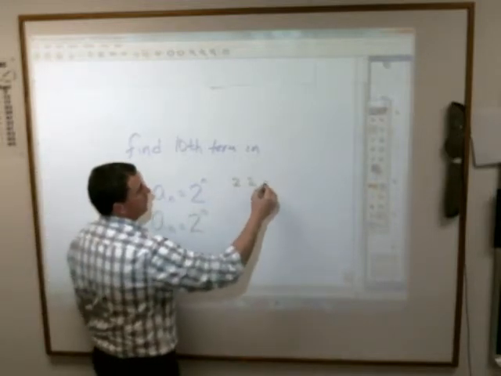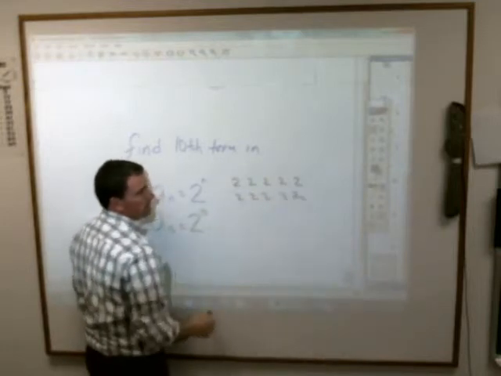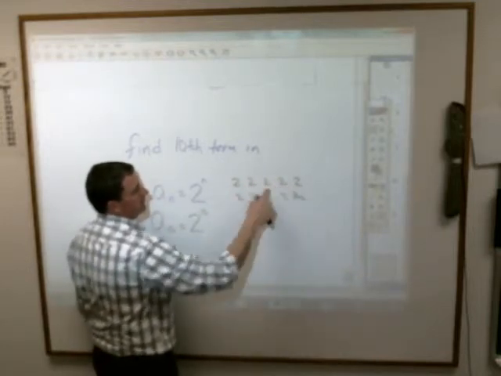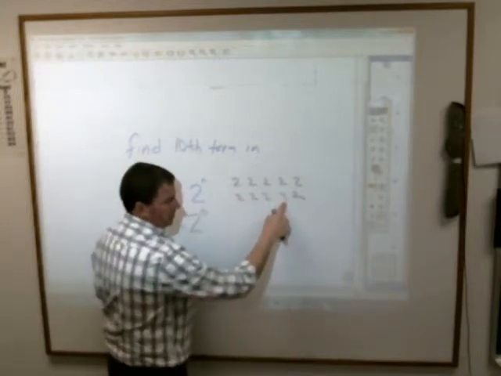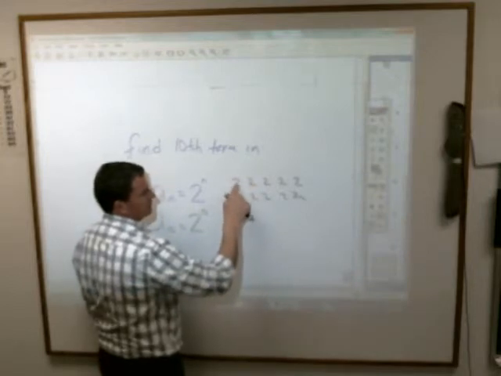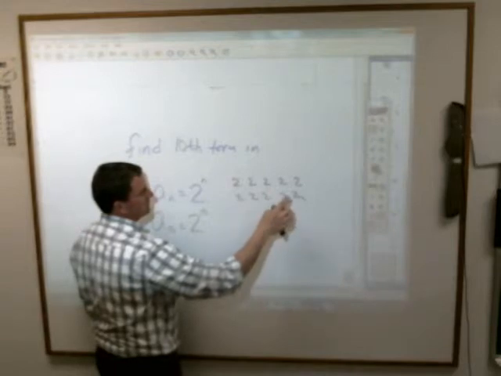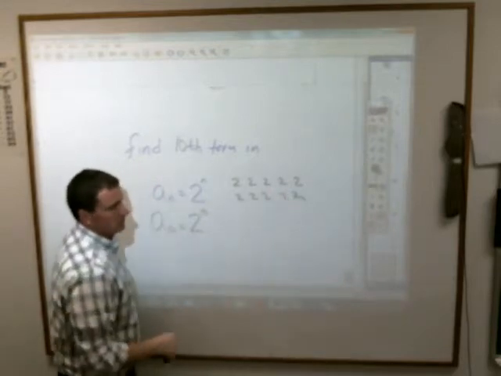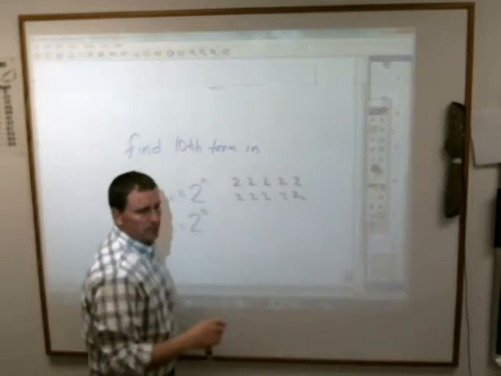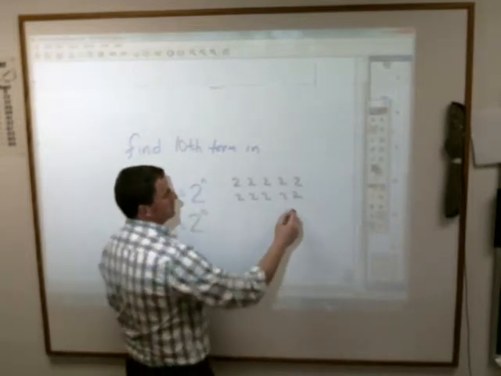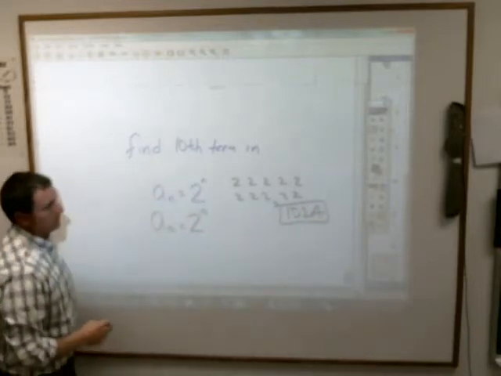2, 4, 8, 16, 32, 64, 128, 256. 256 times 2 is 512, times 2 is 1,024.